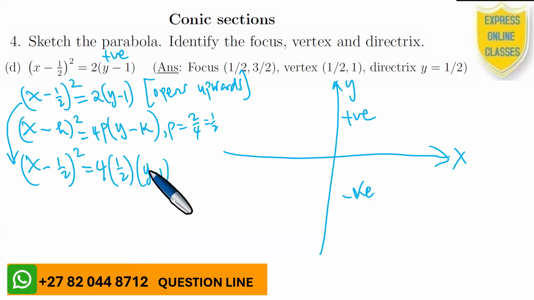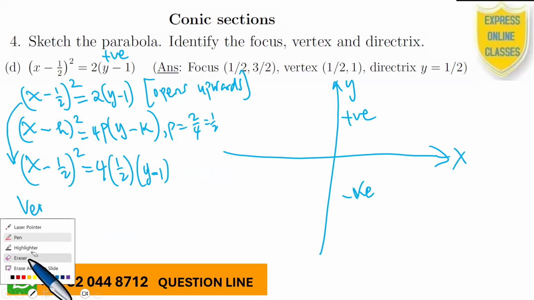We continue with our analysis of this. Okay, our P is 1/2. But let's find first our vertex. It's easy to get.